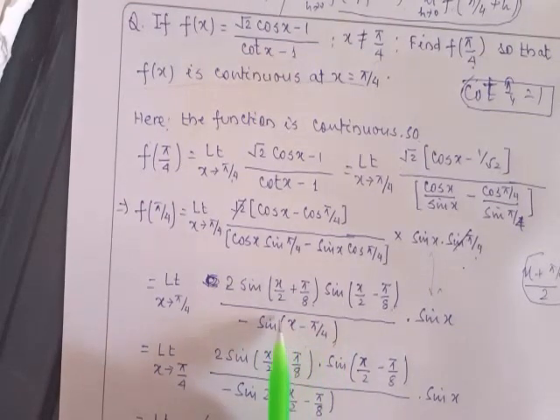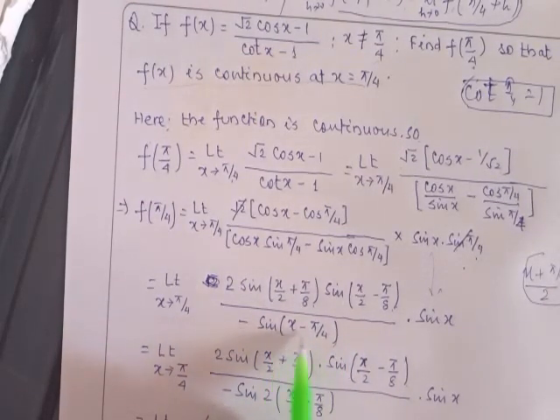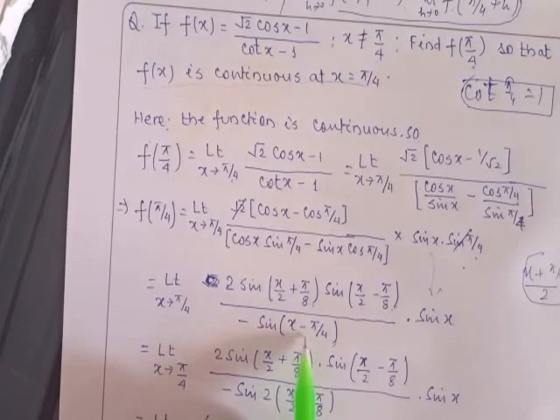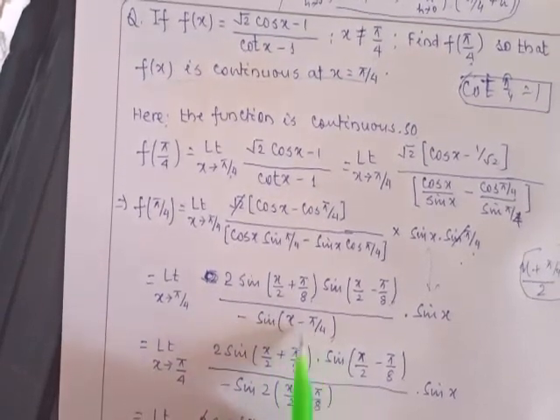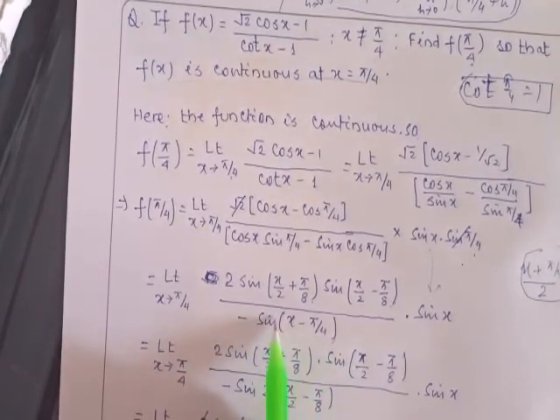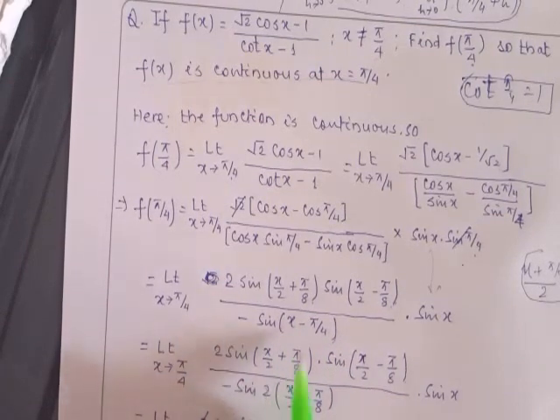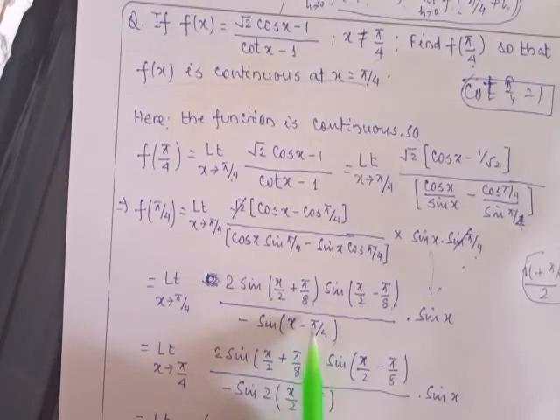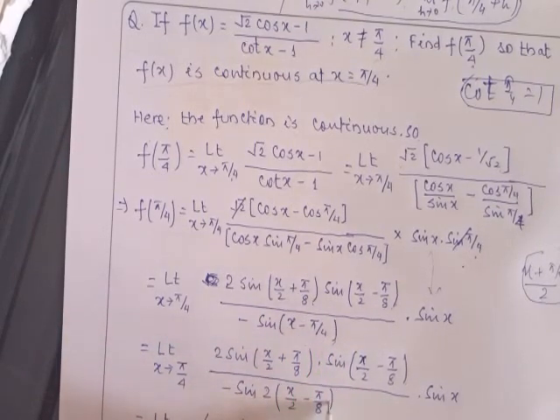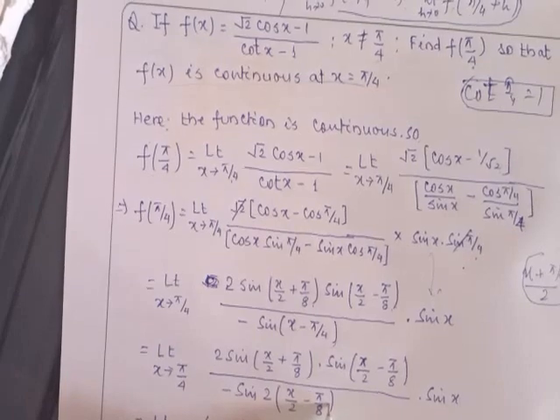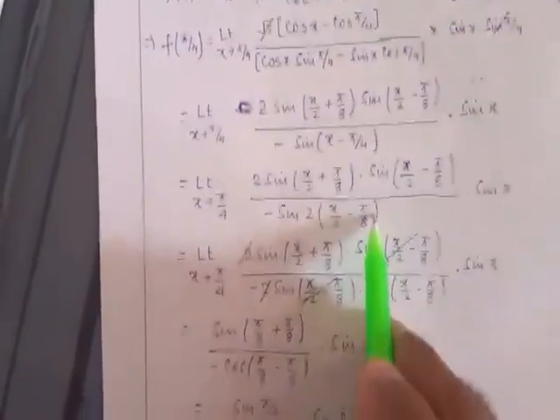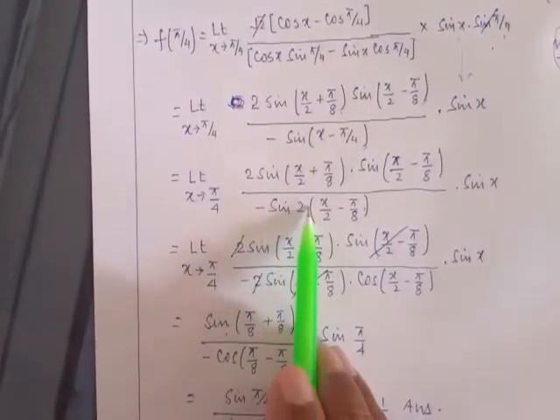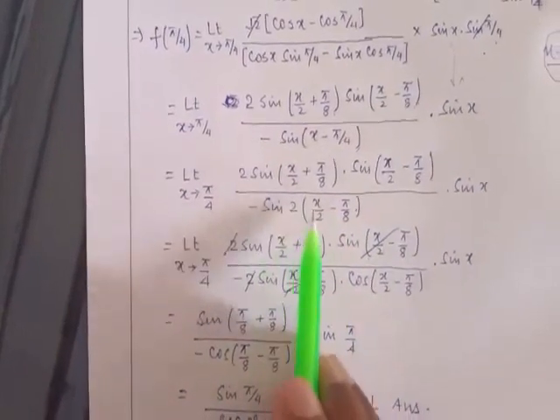Rationalize it by 2. Rationalize means divide and multiply. So divide and multiply the angle term by 2. So here comes 2 and this divides by 2 and separate them. This becomes x by 2 minus pi by 8. So it reduces in the form of sin 2 theta.